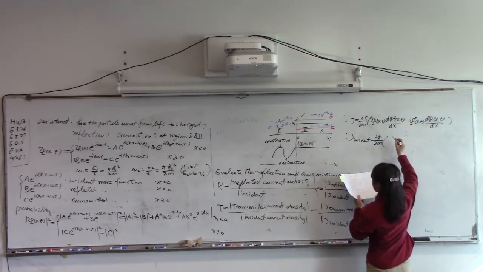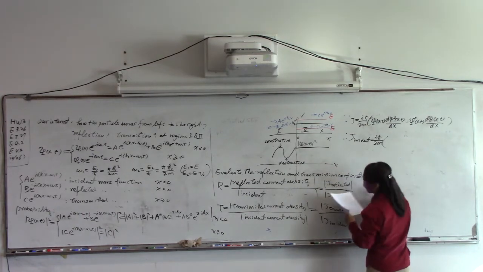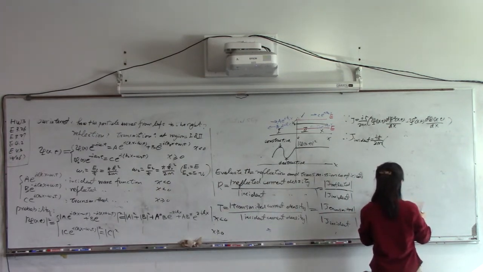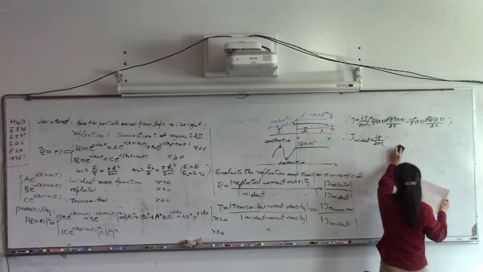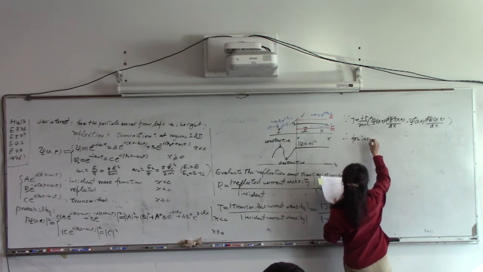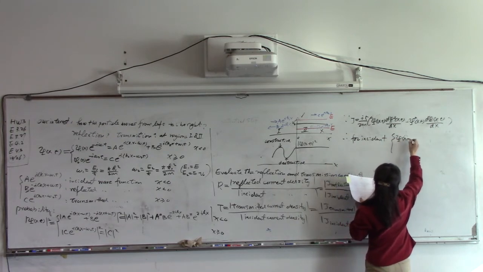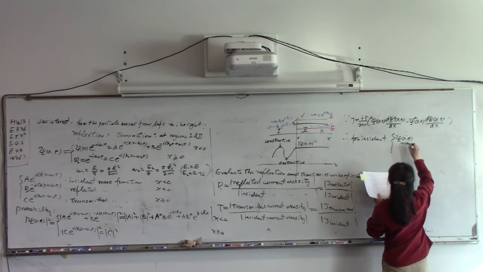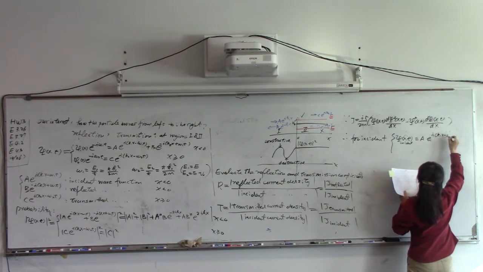Now before this, let's do this. For the incident, the psi incident is A exponential i k1 x minus omega t, right?